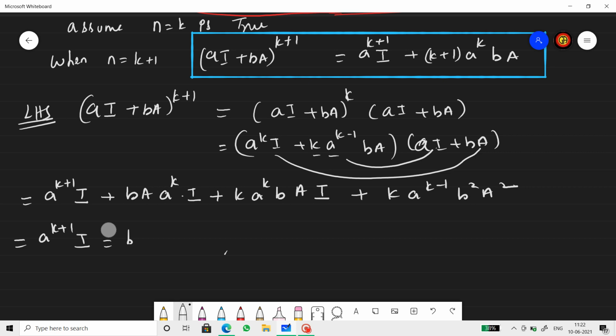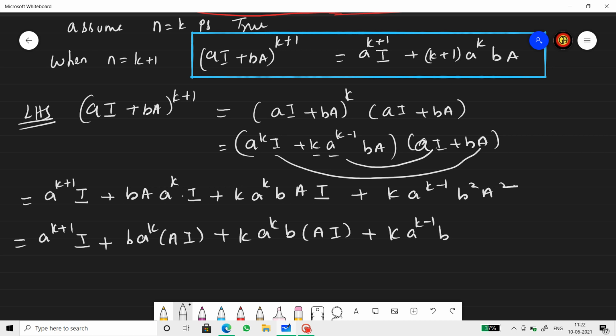Now A^(k+1) into I, B plus B into A^k. AI is here, AI is a matrix. A is a matrix, I is a matrix. Over here, k A^k B into AI again, whereas here k A^(k-1) B squared into A squared.